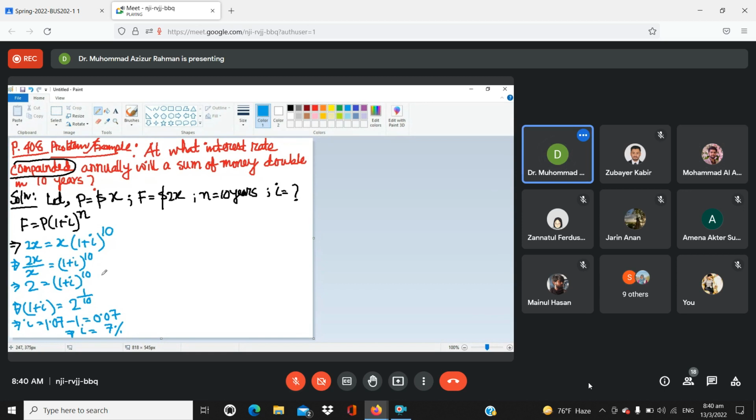So we can do it this way, or we can solve another way from here. We can use 1 plus I to the power 10 equals 2.